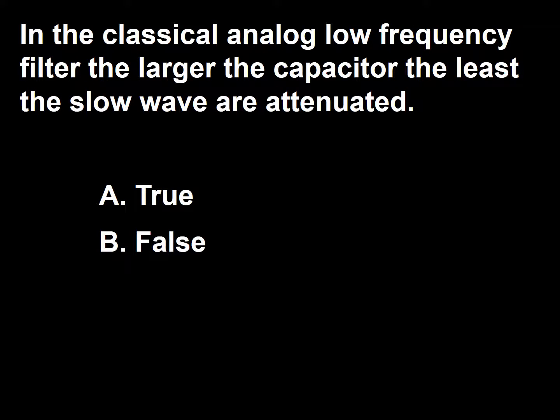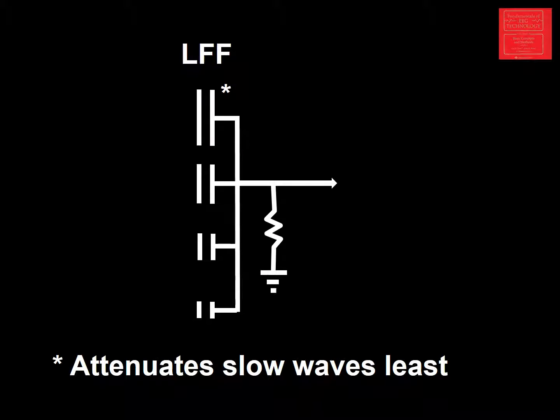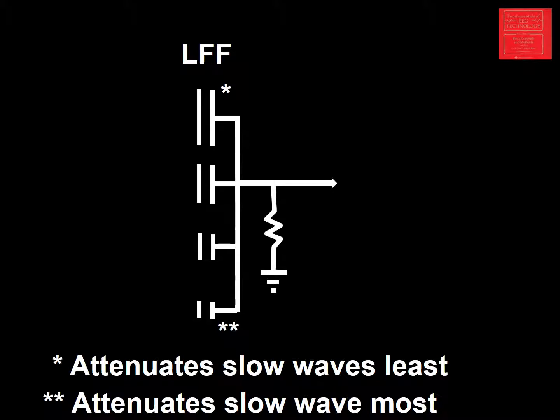Next question. In the classical analog low frequency filter, the larger the capacitor, the less the slow waves are attenuated. A, true, B, false. A low frequency filter attenuates slow waves the least when the capacitor is large, and attenuates slow waves the most when the capacitor is small.